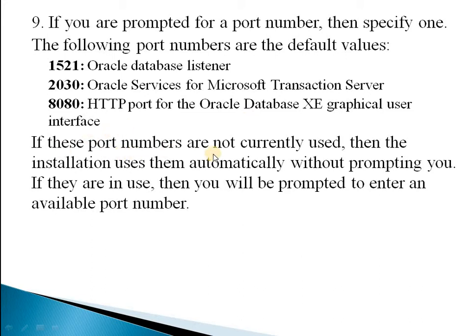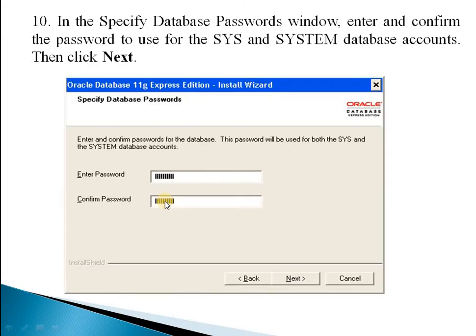If these port numbers are not currently used, then the installation uses them automatically without prompting you. And if they are in use, then you will be prompted to enter an available port number.